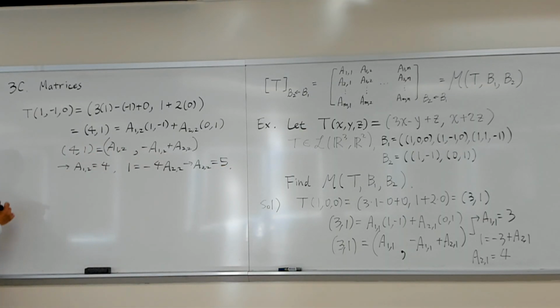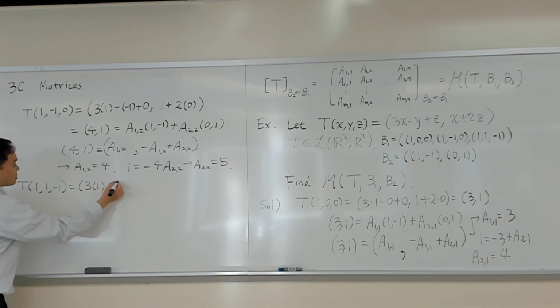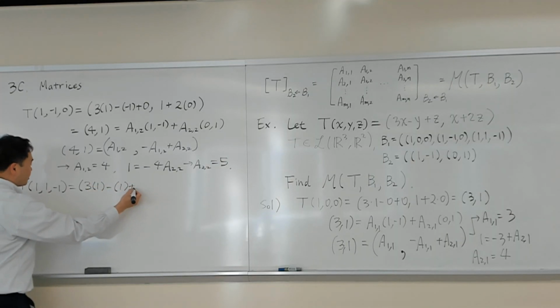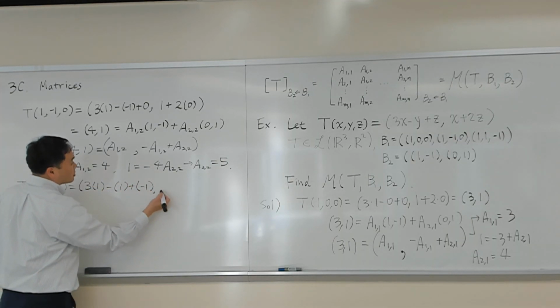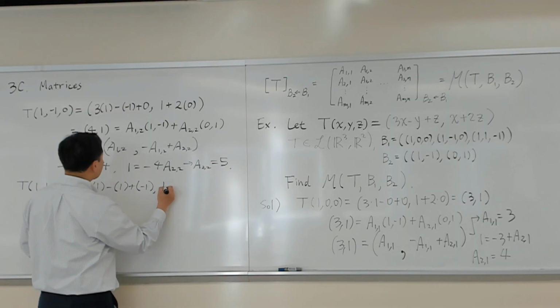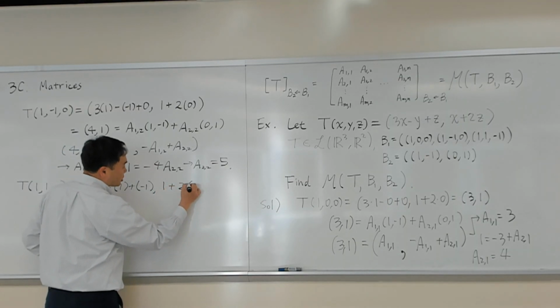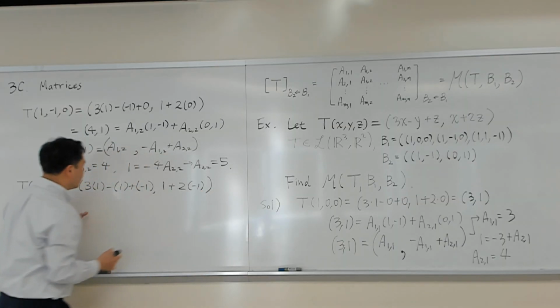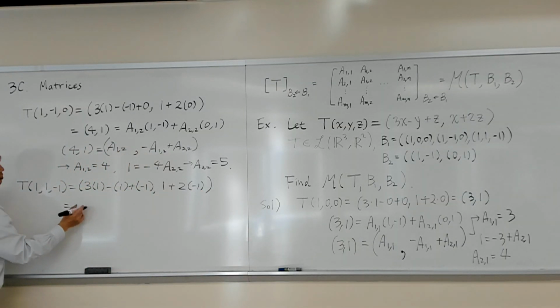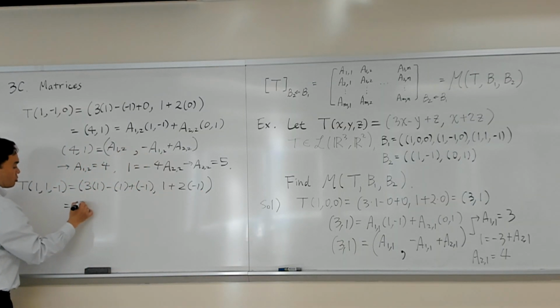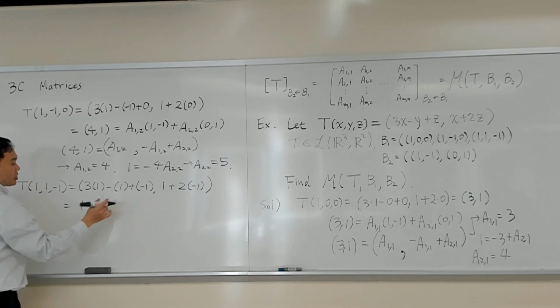Okay. Lastly, we have to apply T to (1, 1, negative 1), which is 3 times 1 minus 1 plus negative 1, and then 1 plus 2 times negative 1, so that it's going to be 3 minus 2, which is 1, and then 1 minus 2 is negative 1.